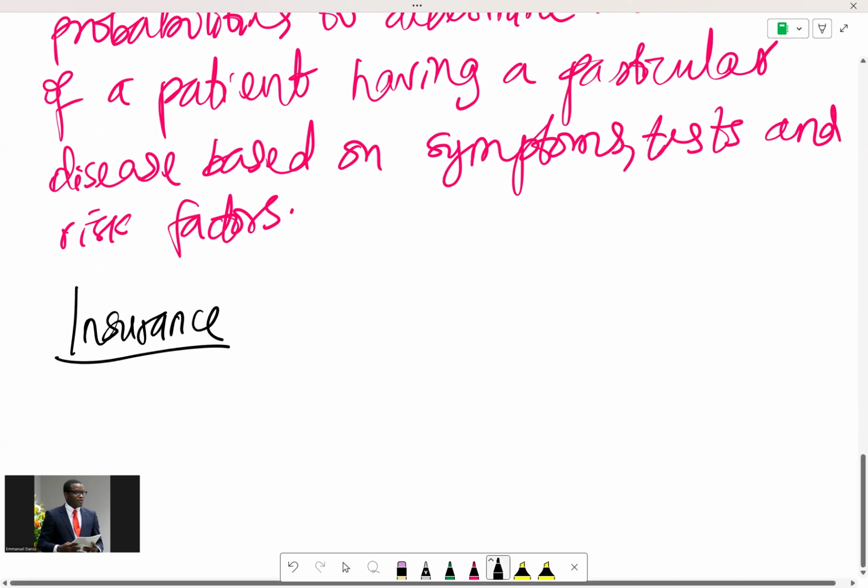So let's talk about insurance. Insurance also requires some probability.